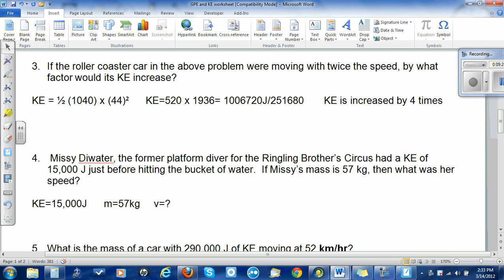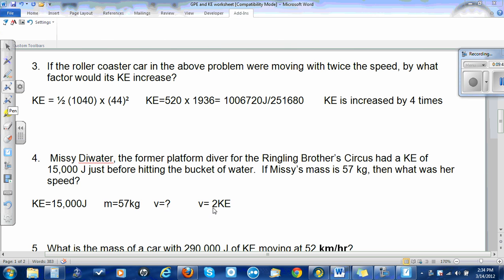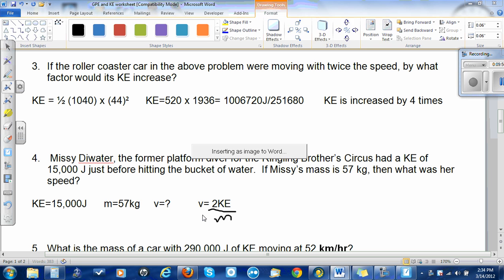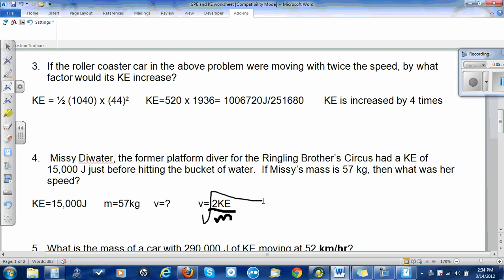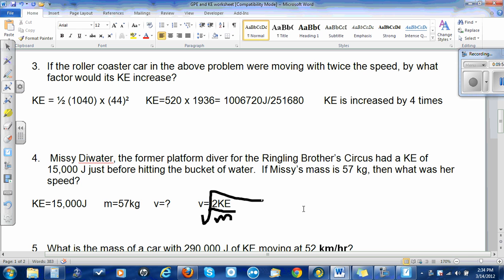So V equals, and hopefully I can draw it on here for you, V equals the square root of 2KE over M.